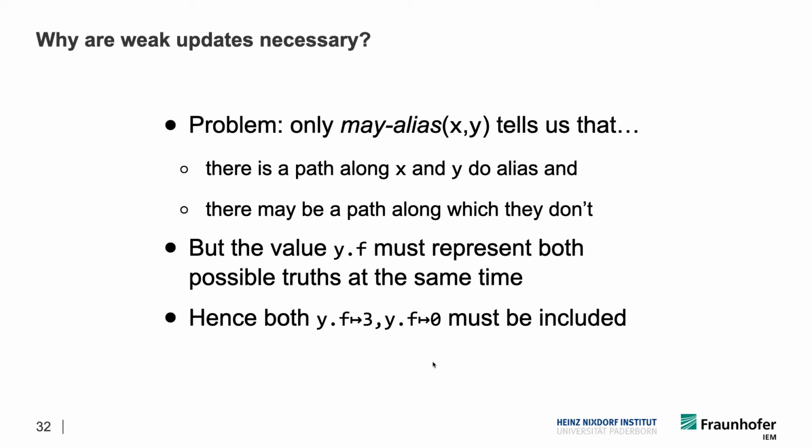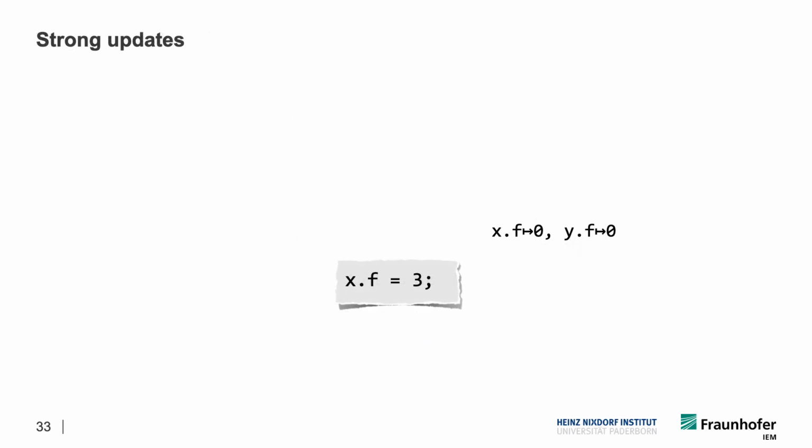Now let us contrast this with a strong update. Again, a very similar situation to what we had before: same statement, same initial environment or mapping that we have here, but now we have a different assumption. Now we assume that we know through a must alias analysis that at this program statement, x and y must alias.